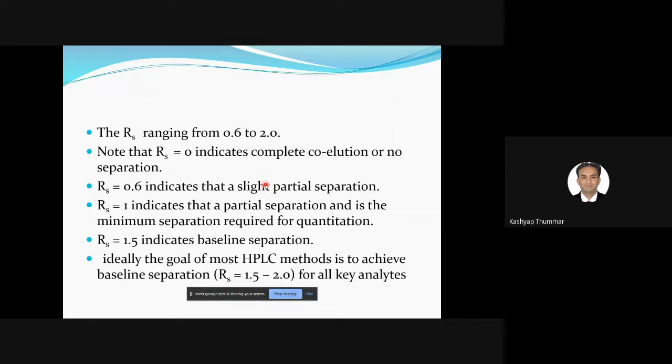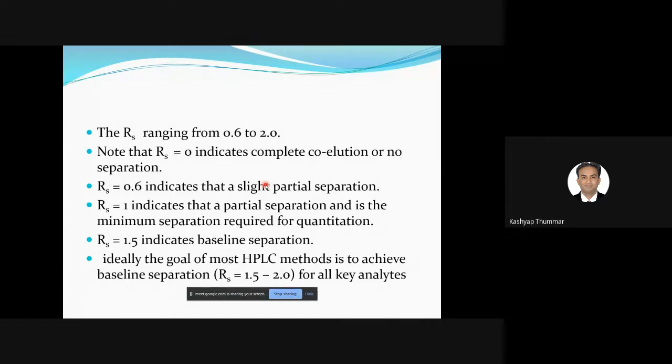And 1.5 indicates baseline separation. One peak comes, then it comes down again to the baseline, and after some time the next peak comes. Ideally, the goal of most HPLC methods is to achieve baseline separation, with resolution between 1.5 and 2 for all the key analytes.